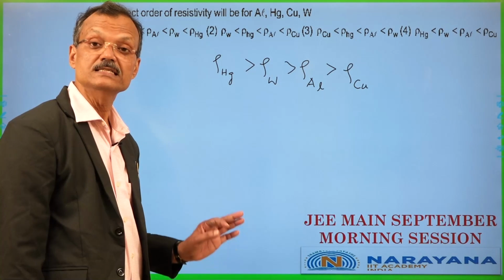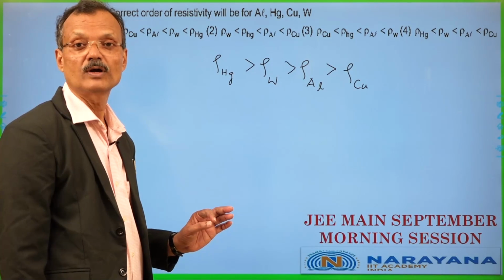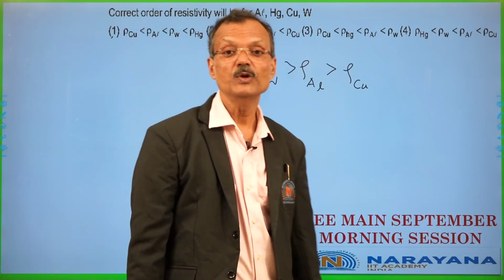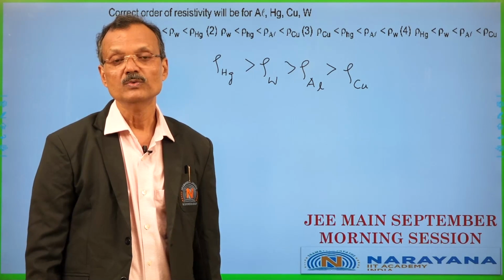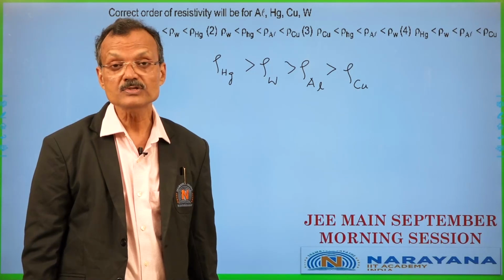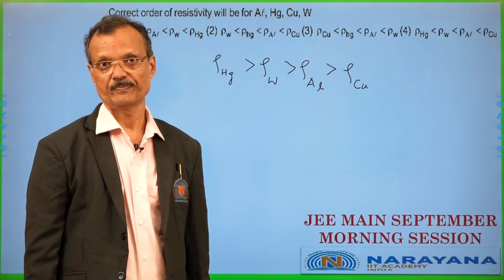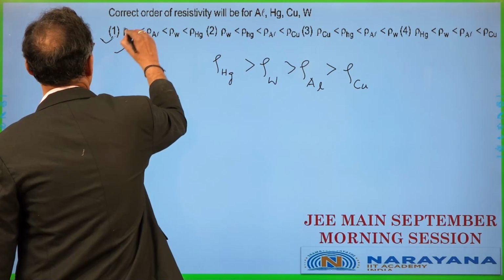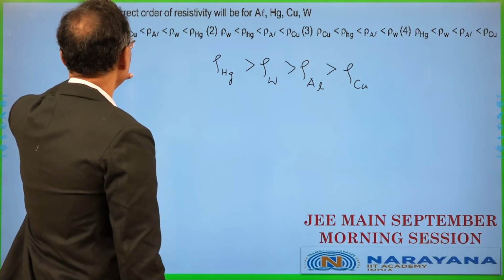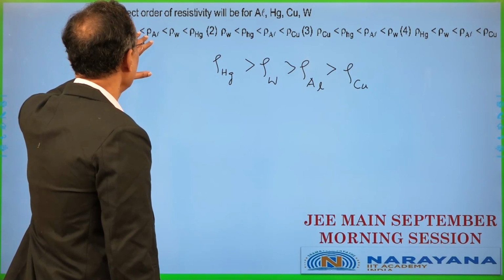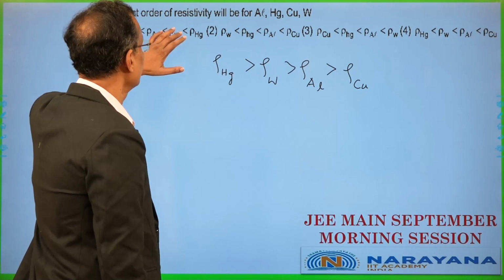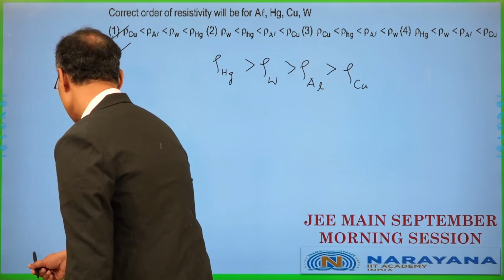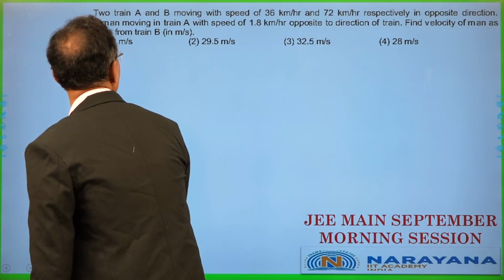For that, you will have to go through the NCERT book. You can answer this type of question when you know roughly either the resistivity values or which is the better conductor. Clear to you? So the answer is rho copper less than rho aluminium, less than rho tungsten, less than rho mercury. Answer 1. Now let us move to the next problem.